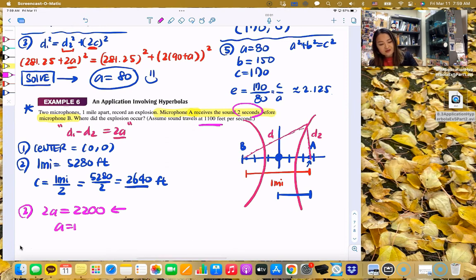That means A must be 1100. Again, this is true because sound travels 1100 feet per second, and it traveled for 2 seconds, and that's why it's 2200.